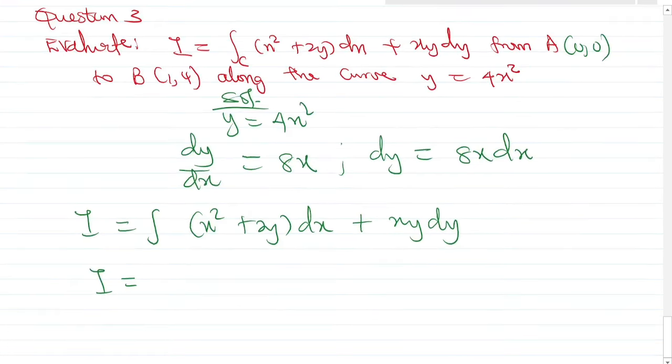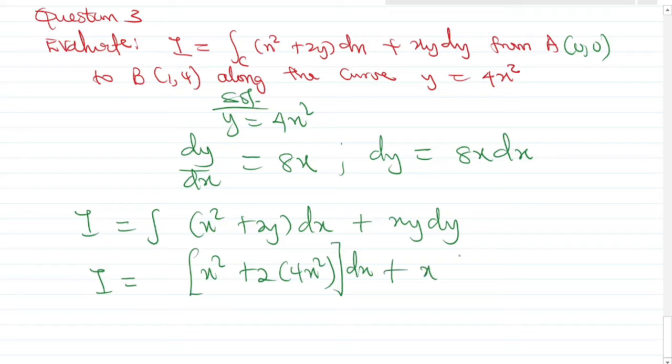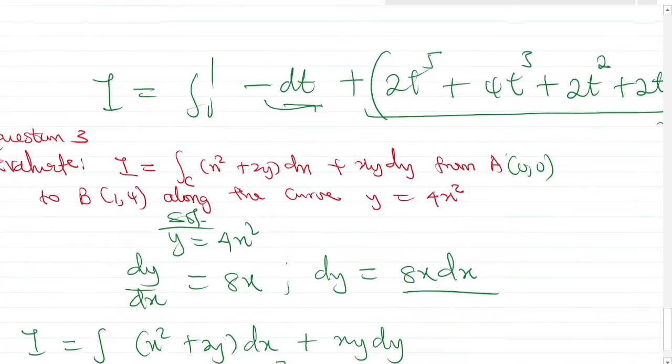So it will be x squared plus 2y, and y is 4x squared, so everything dx, plus x times y, which is 4x squared again. Then dy is 8x dx. Because it's in the form of x, it should be from 0 to 1: 1 for the final, 0 for the beginning.